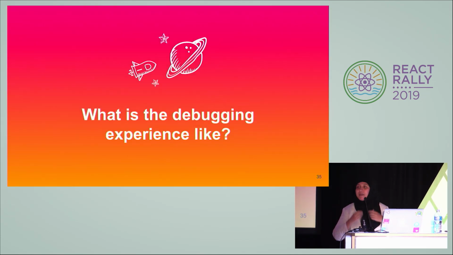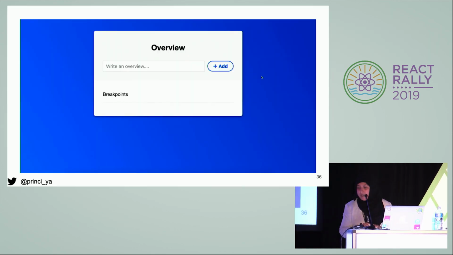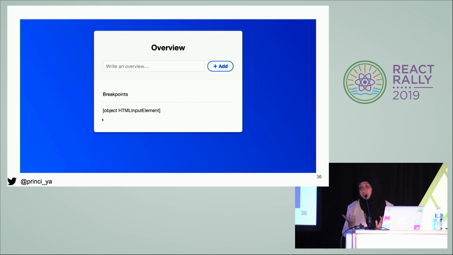So what is the debugging experience like? Let's say we have an application where we have to input some data, and we input something in a normal input field, and I click add, and now something breaks. I see some unexpected output.